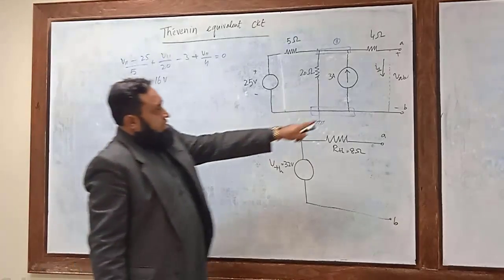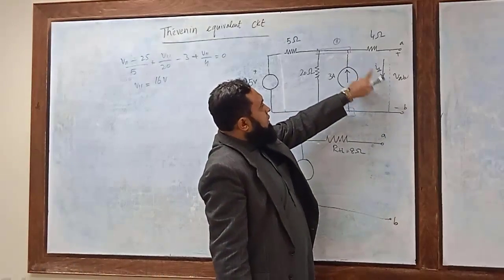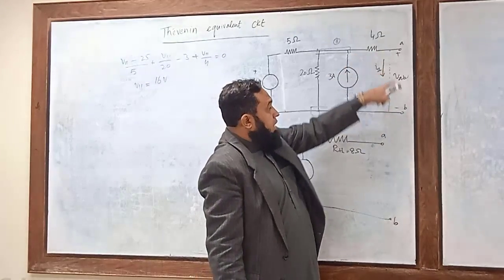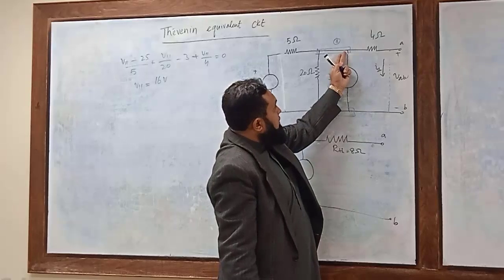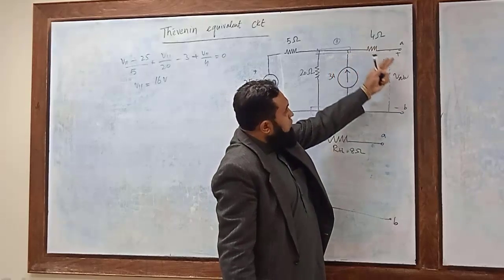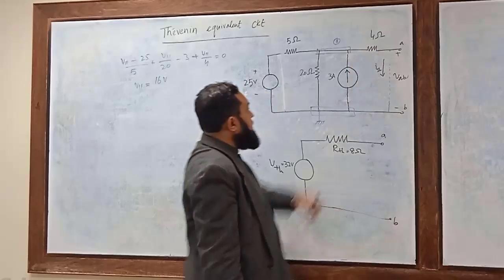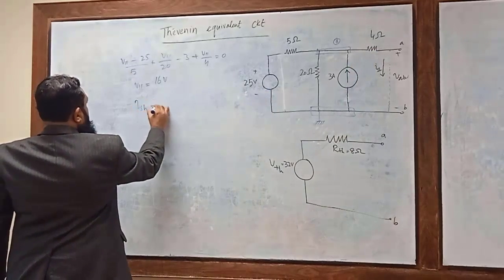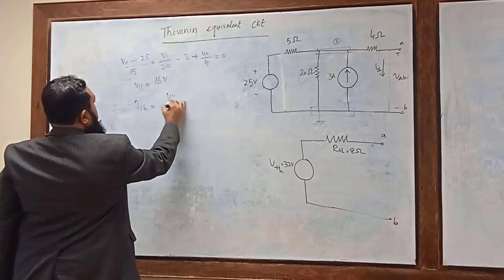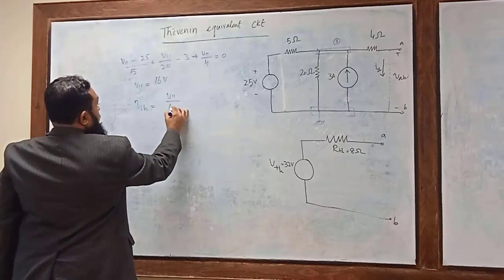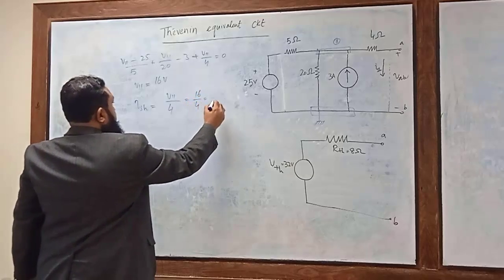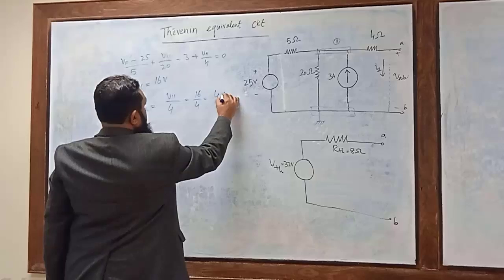So the short circuit current is the current flowing through this resistance from terminal A to terminal B, so from this node V22 to terminal B. So this is the short circuit current. So ISH is equal to V11 divided by 4 ohm resistance. V11 is 16, and this is 4 ohm resistance, so it is 4 ampere.